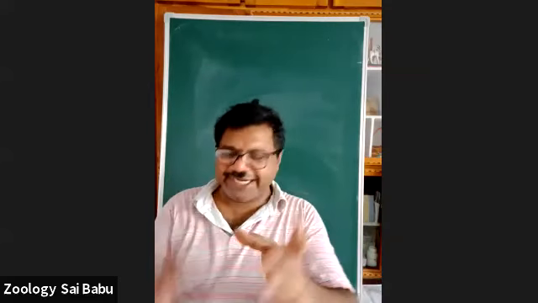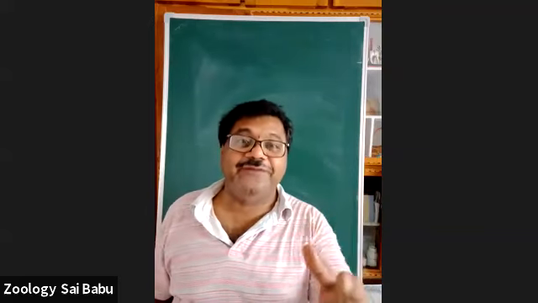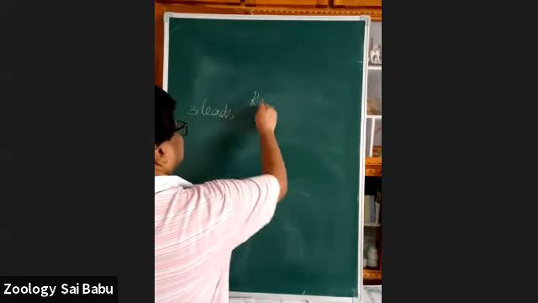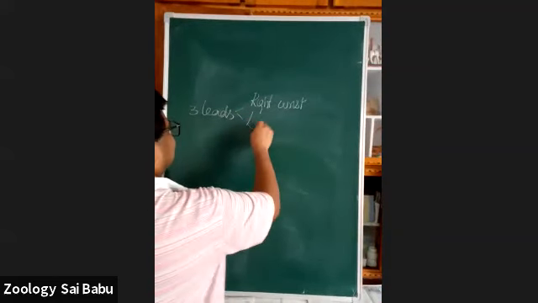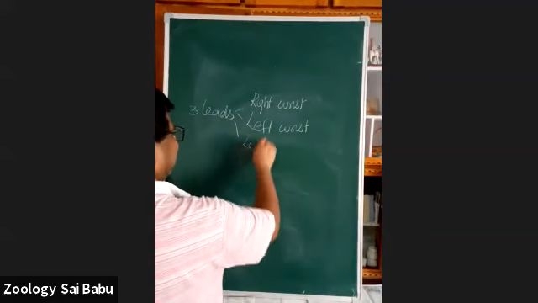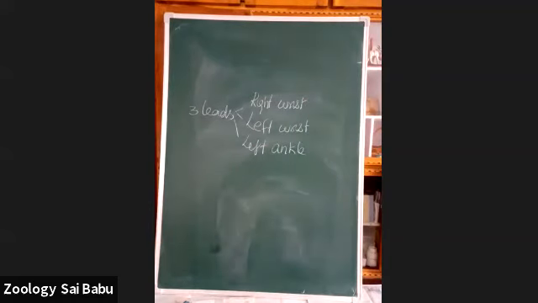The 3 leads are attached to the right wrist, to the left wrist, and the third one to the left ankle. These leads are attached to these parts of the body.